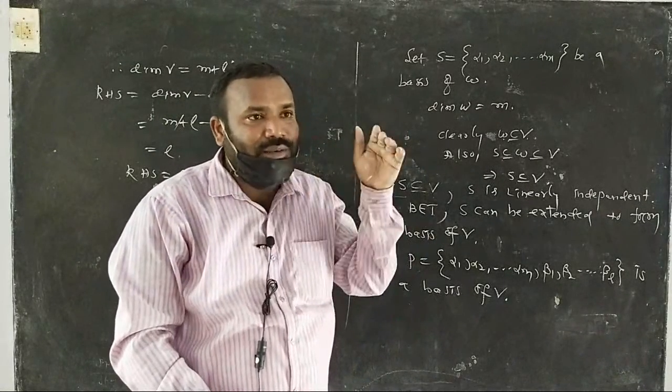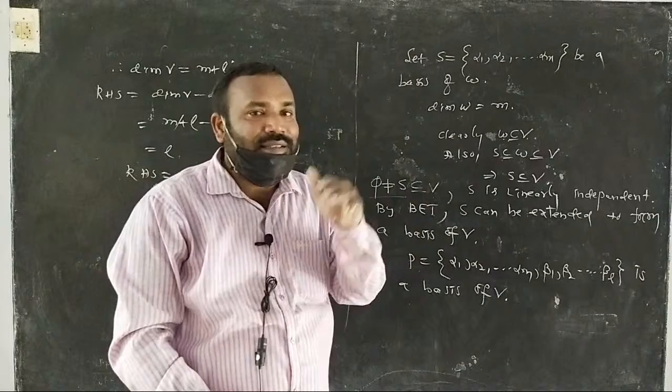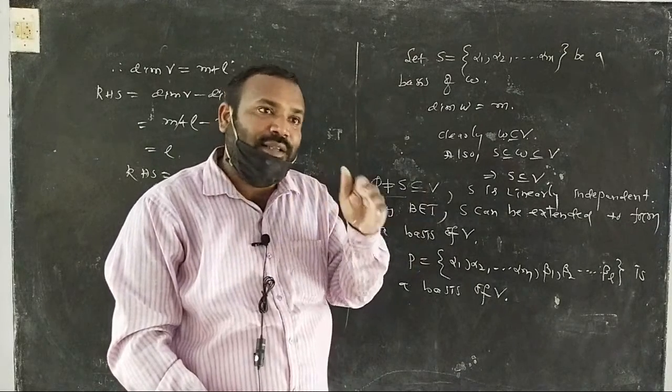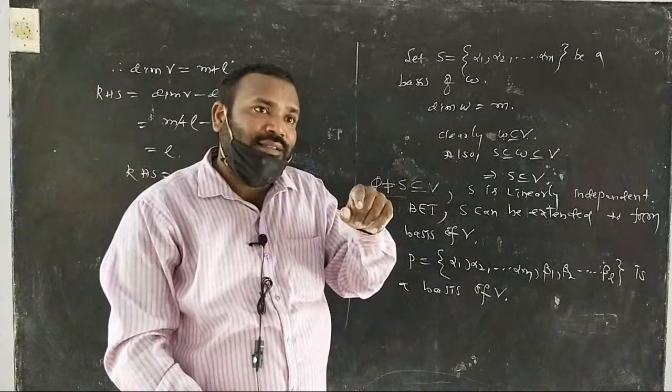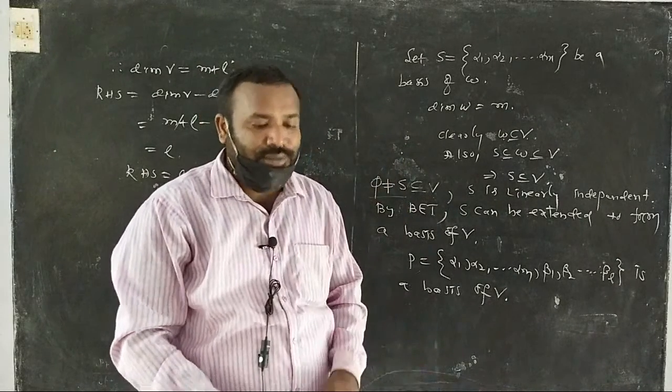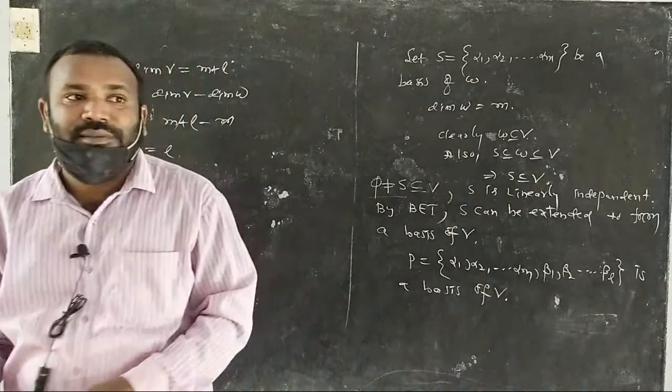What is on the LHS? Dimension of V by W. If dimension of V by W equals L, then the theorem is proved. I will explain this part in the next class. Thank you.